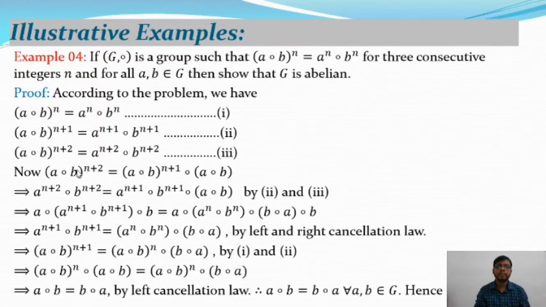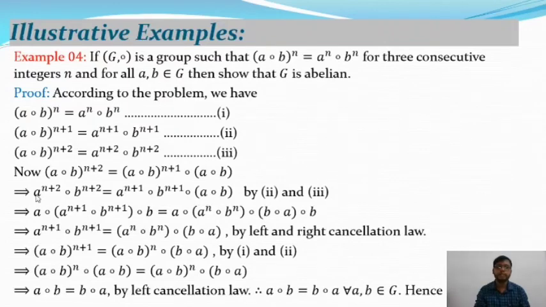Now applying the above property that is given, a^(n+2) ∘ b^(n+2). Applying the third relation, we get a^(n+2) ∘ b^(n+2) equals a^(n+1) ∘ b^(n+1) ∘ a ∘ b.